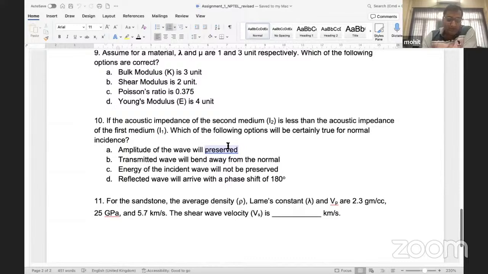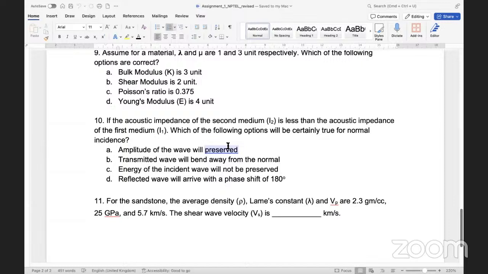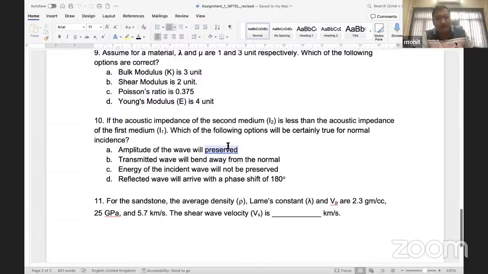So question number 10. In question number 10, it says if the acoustic impedance of the second medium I2 is less than the acoustic impedance of the first medium I1, which of the following options will be certainly true for the normal incidence? So for question number 10, the amplitude of the wave will be preserved.